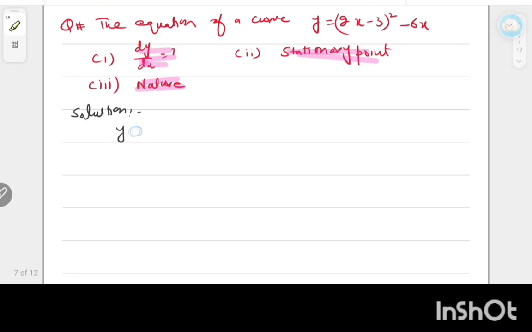First of all, y equal to (2x minus 3) squared minus 6x.